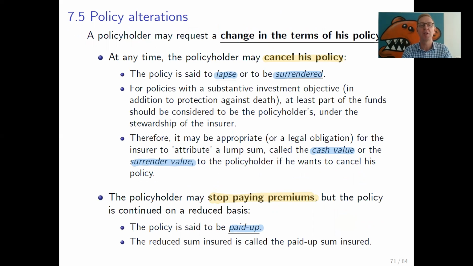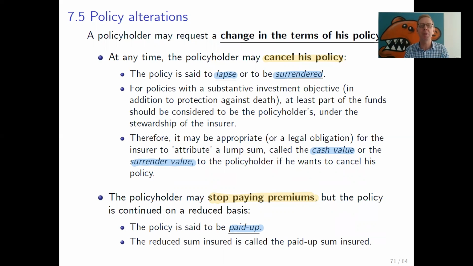Then let us have a look at policy alterations. What is a policy alteration? Well, life insurance contracts are contracts that are set usually for a very long time period, and all the conditions, what you will pay and what you will receive, are set at time 0. Maybe the payments are only due in 50 or 60 years from now.